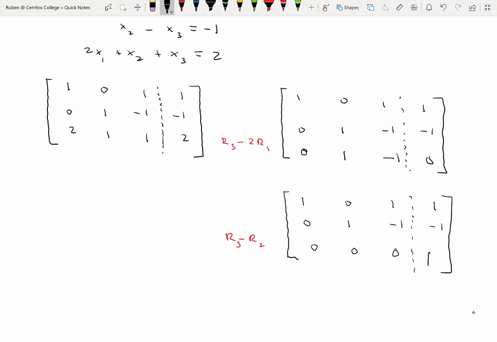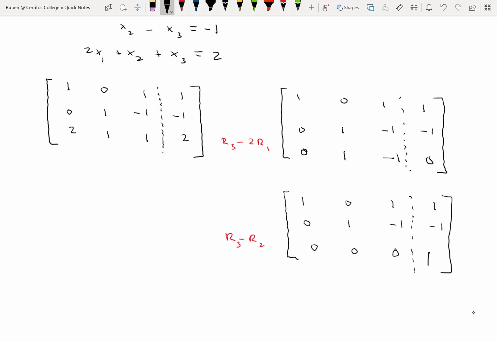So is this RREF? Well, remember the 4 things that have to be satisfied. We don't have any rows of zeros to worry about. The first non-zero entry is 1 in each row, of course: 1 in the first row, 1 in the second row, 1 sort of skipped over in the third row, but it's still a 1.